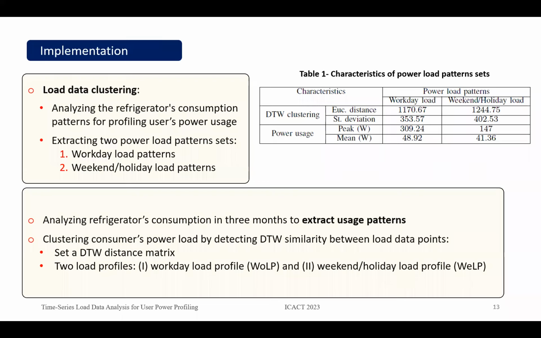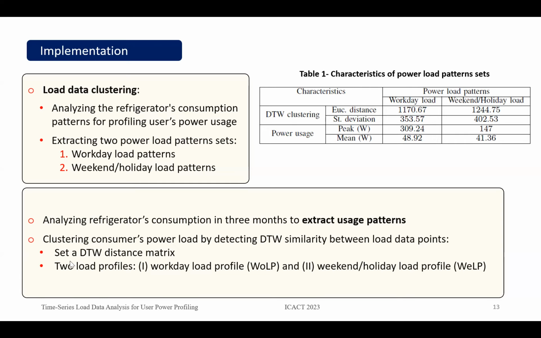In this implementation, to extract refrigerator power consumption patterns, we analyze refrigerator power consumption for 3 months. For this duration, we extract power consumption for each day, analyze the patterns, and check the similarity between different data point sets. The DTW similarity or distance between days depends on the day type, being workday, weekend, or holidays.